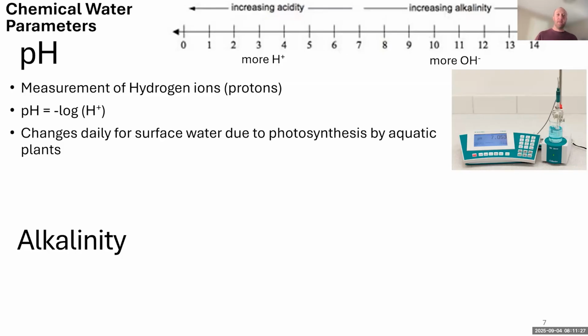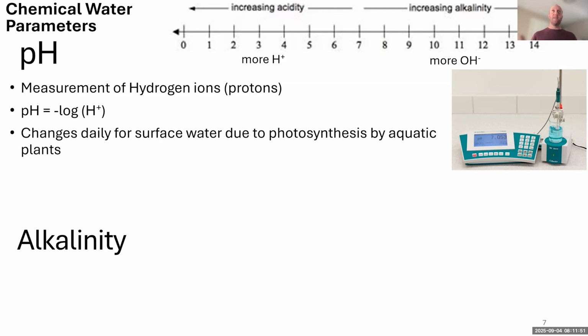This is interesting, and I think it's kind of fun to talk about when it comes to surface water, because pH actually changes daily for surface water because of the process of photosynthesis. Photosynthesis is the process that plants and some bacteria and organisms use to create energy.